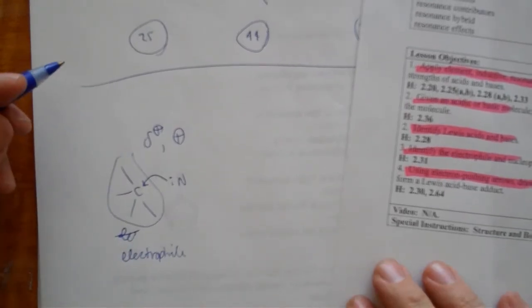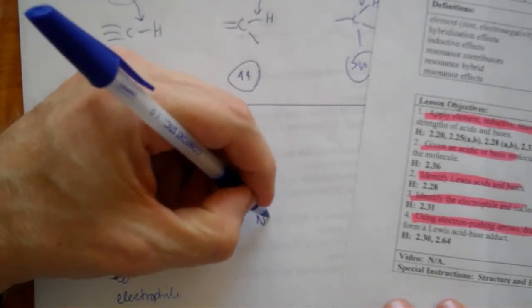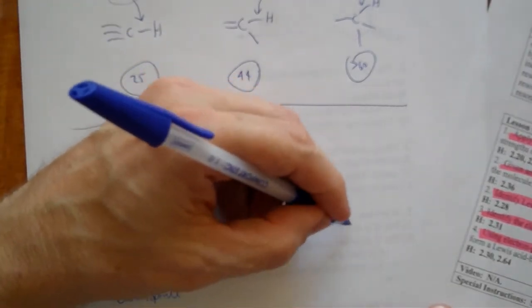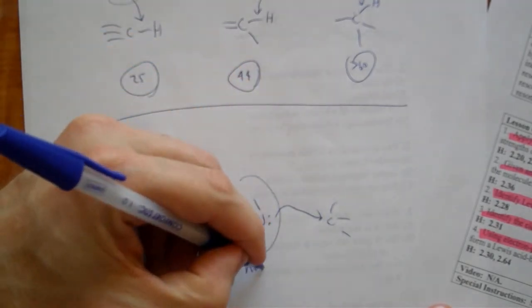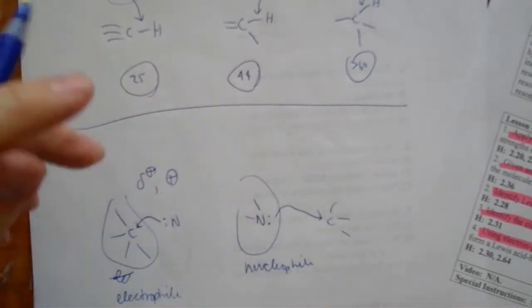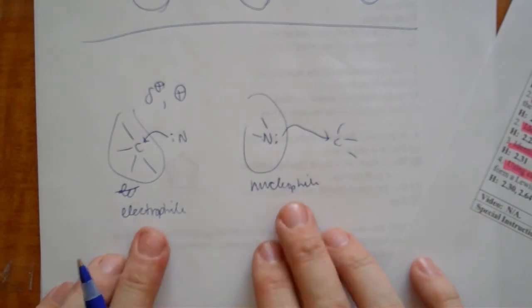Electrophiles are not necessarily sp3 hybridized. And a nucleophile is something that has electrons that can attack something else. Boom. These two terms are not going away. I'm not giving them a whole lot of press time right now, but they're not going away.